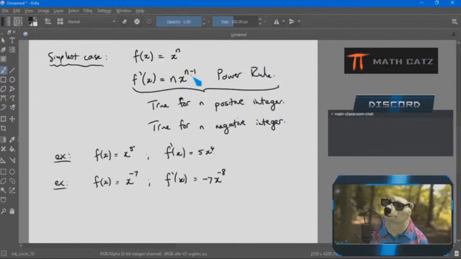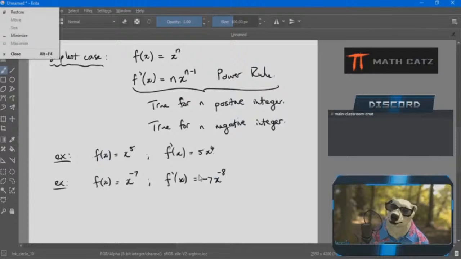So I always subtract 1 from the original power of x. Okay. So that's quite a bit. It's good progress with one property that is coming from the limit definition. We can sidestep the limit definition completely, and that's my goal here.